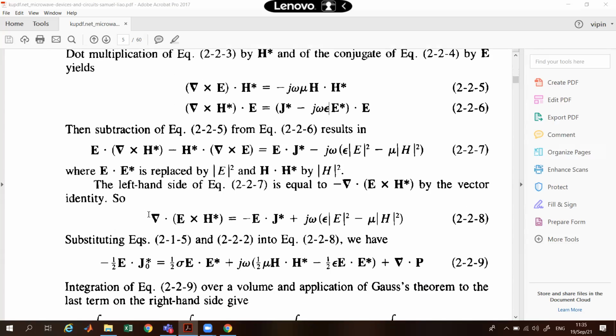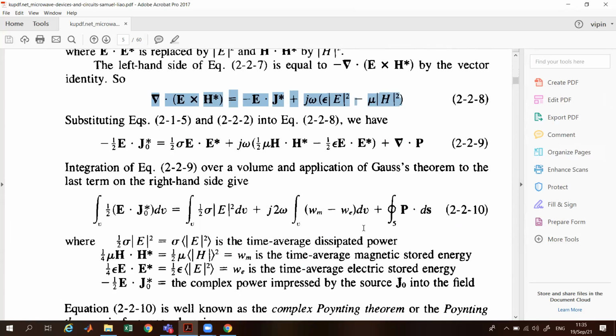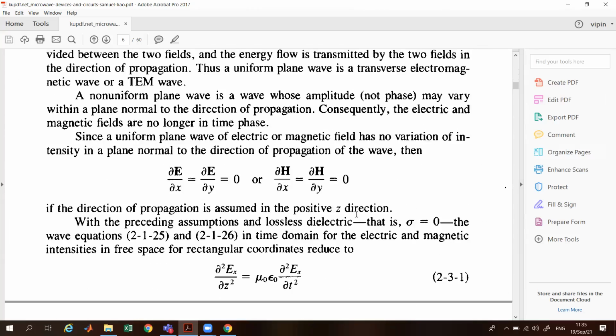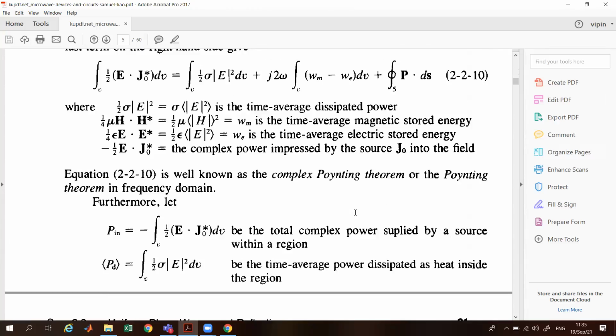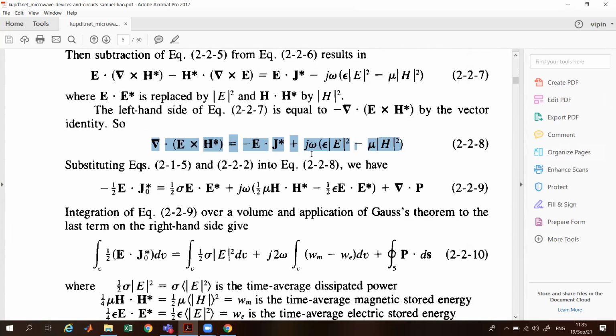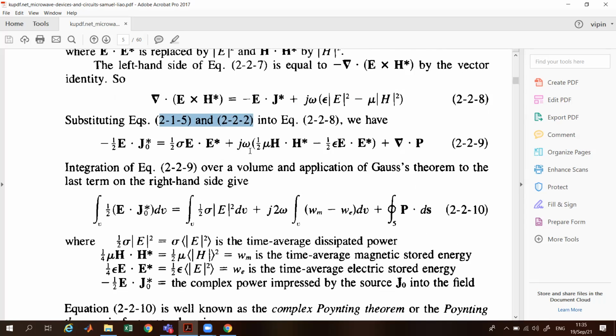This equation. And then we substitute 22 and 22a into equation 228, and we will get this part.